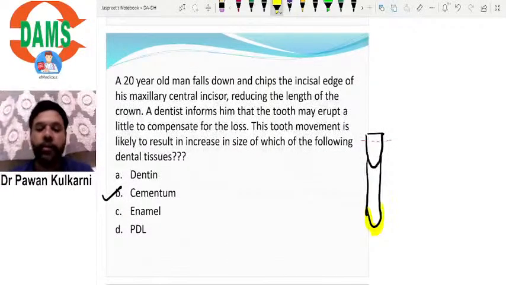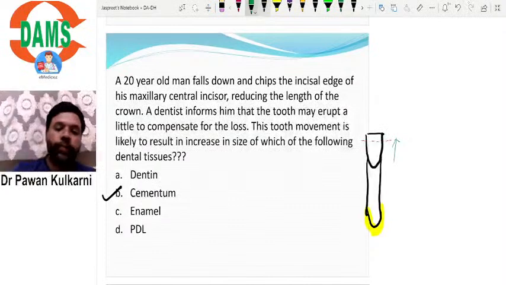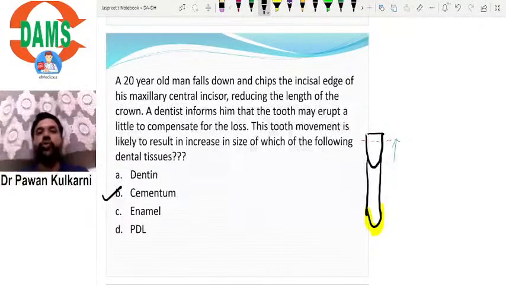Because of this deposition of cementum, the tooth elongates and erupts so as to maintain the occlusal plane. That might slightly result in eruption of the tooth, and that occurs mainly because of cementum. If this deposition occurs excessively, sometimes you will call it hypercementosis.